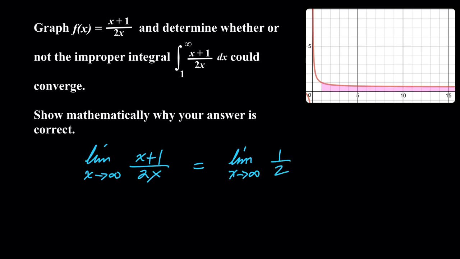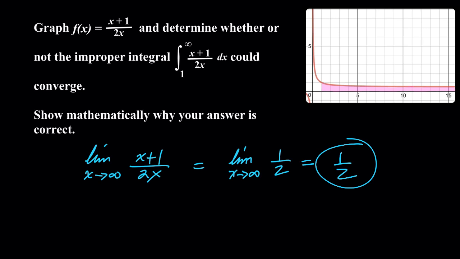You can think of spit in the ocean if you remember that from back in the fall, or you can also approach this using L'Hopital's rule, because you're going to have infinity over infinity, which when you do the derivative of the numerator, you get 1, and the derivative of the denominator, you get a 2, and so this answer comes out to 1/2 in either case.